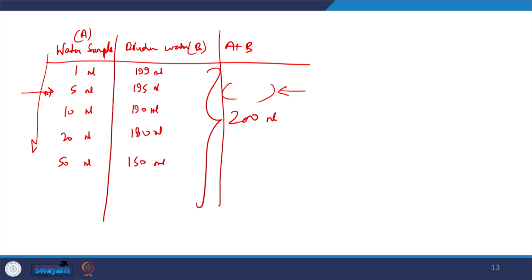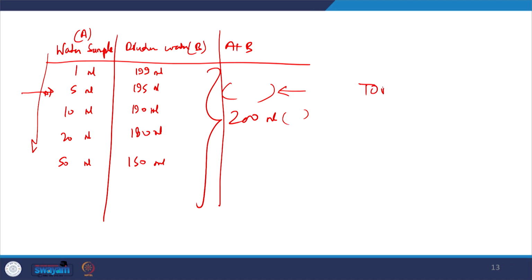Certainly if they are getting odor from this sample, they will always get odor from other samples. So, we always report the minimum diluted water which is having some odor. So, the TON of this particular water sample, for which different samples were taken in different amounts, will be 200 divided by 5, that means 40 is the TON of this water sample. So, this way the TON is reported.